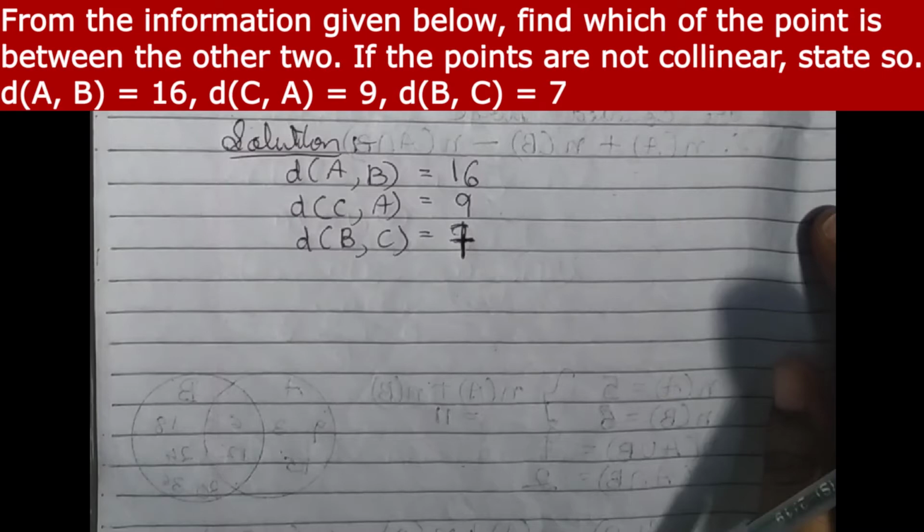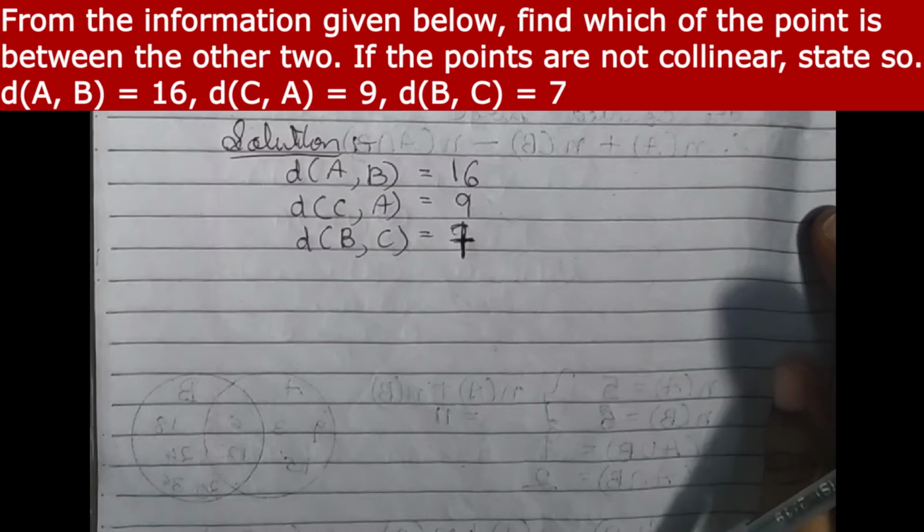Now we will solve some examples. See the question given on the screen. From the information given below, find which of the points is between the other two. If the points are non-collinear, state so. Here the three distances are given.